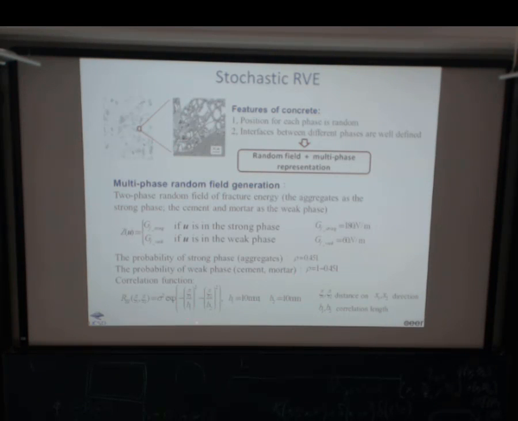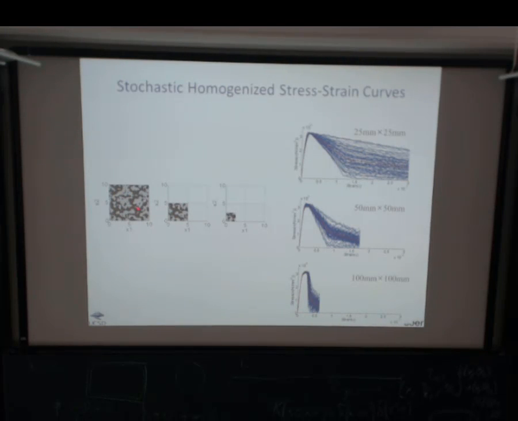We assume there's a correlation between the strong phase and the weak phase because there's some characteristic size distribution of aggregates, so they are not perfectly random. But anyway, you introduce some correlation and randomly generate samples with strong phase and weak phase. And then you apply, say, tension or shear, and you load the material.